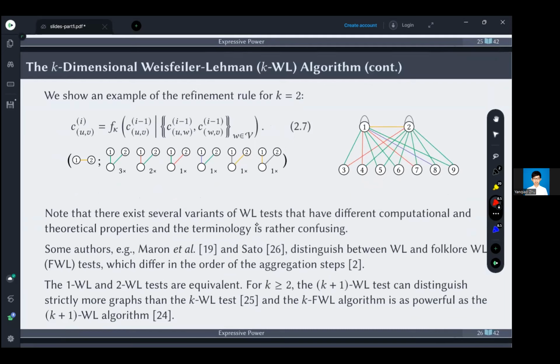Don't worry about the computational details, it's just too abstract. This is perhaps one example I can show you. Just imagine we are looking at the case when k equals 2, and we have this kind of graph. Maybe you have this slide on your computer, because it's kind of small on the screen.